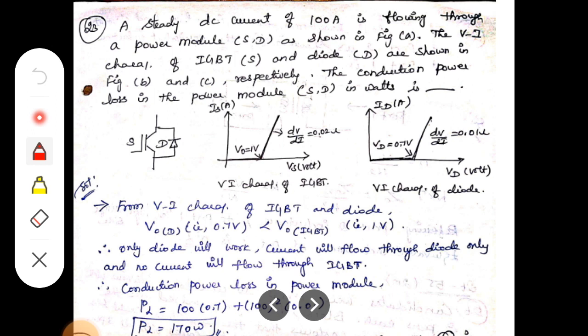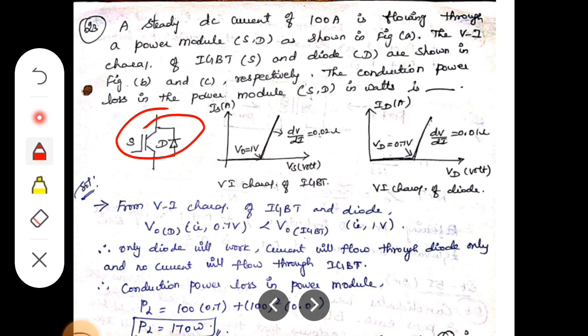This is the symbol for the IGBT combined with a diode circuit. For this device the VI characteristics were provided. The slope dV by dI is equal to 0.02 ohm for the IGBT, and for the diode dV by dI is equal to 0.01 ohm.